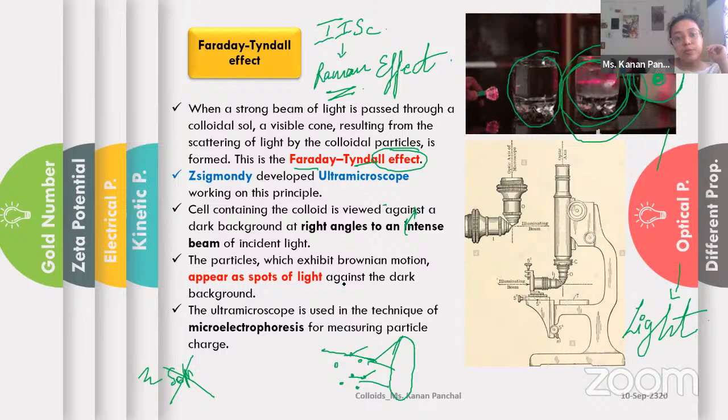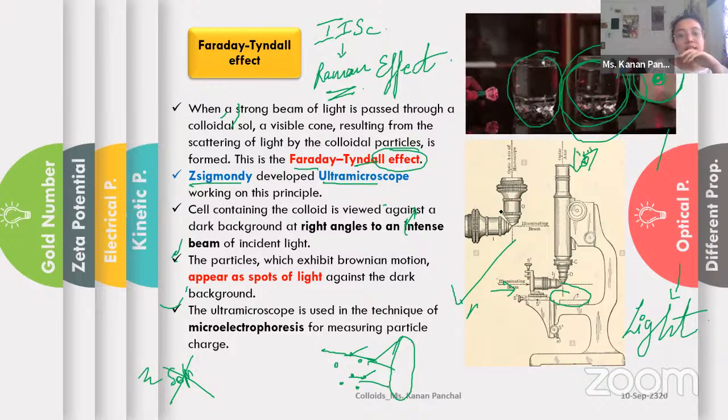So based on this principle, another scientist called Zsigmondy developed an ultra microscope. This is an image of the ultra microscope, all right, wherein you keep your sample here. Light beam आता है and you can view the sample.